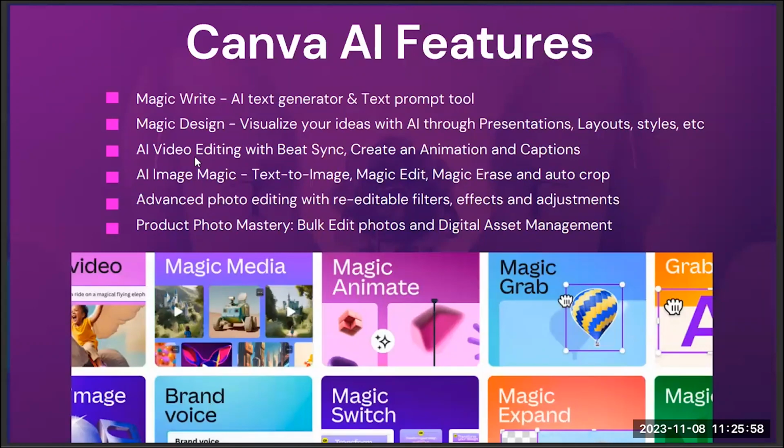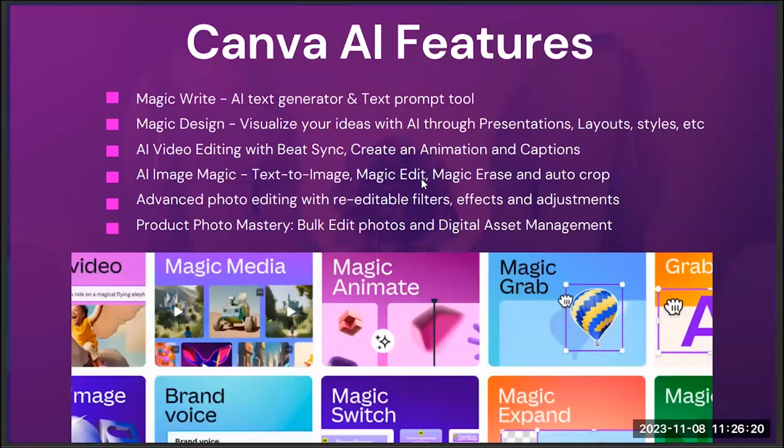There's also AI video editing. This is a feature you can look at, especially for videographers and video editors. There's also AI image magic, which transcribes text to image. You just type what you want to see, and it will generate the image for you. There's magic edit, magic erase, and auto crop.